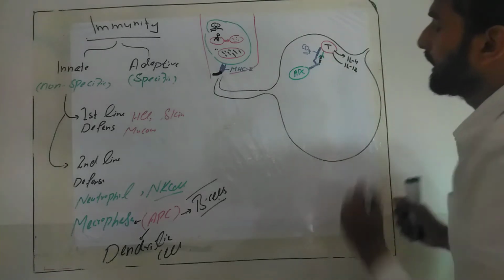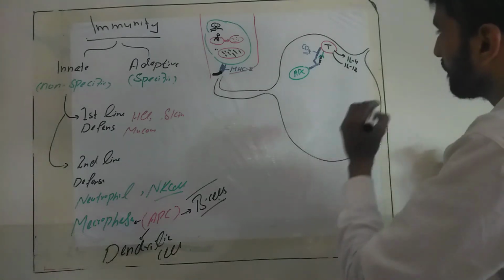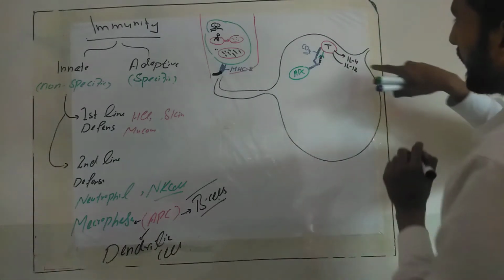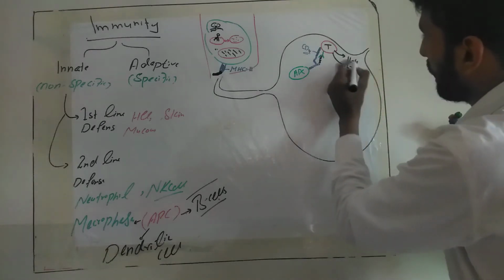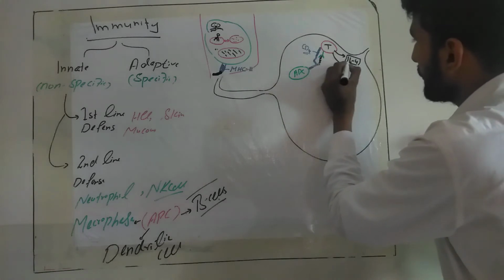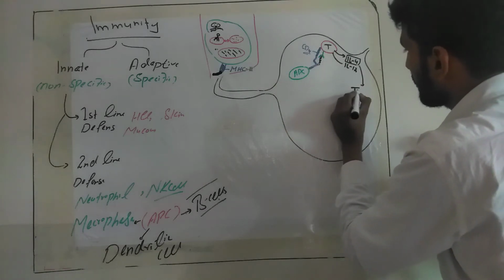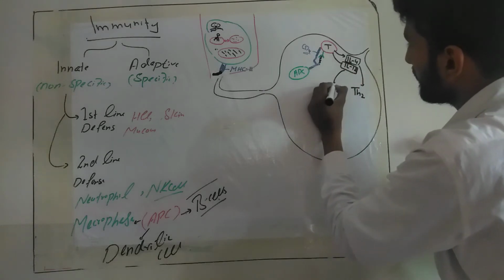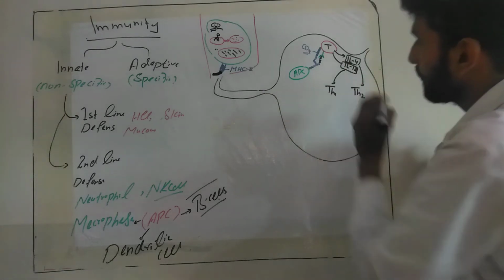It will cause proliferation and differentiation of other T lymphocytes into Th1 and Th2. The T cells on which interleukin 4 will act will be converted into Th2, and the T cells on which interleukin 12 will act will be converted into Th1.